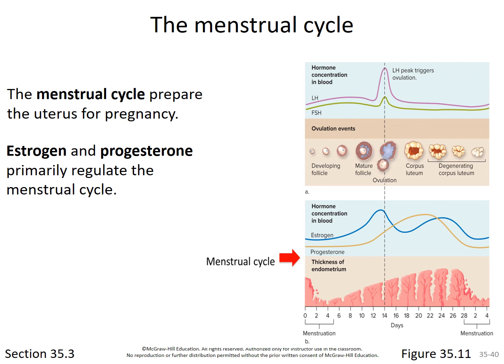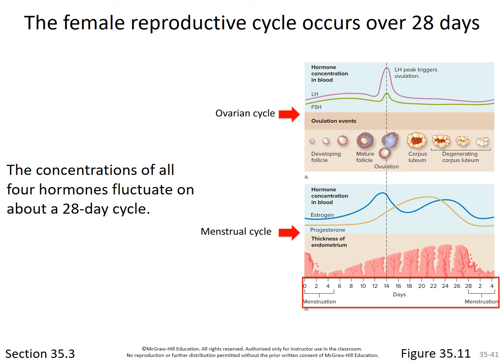Now at the end of the cycle, if you haven't had fertilization and implantation, that uterine lining is going to break down and it's going to be sloughed out of the body. And that's what menstruation is. So the concentration of these four hormones fluctuate on about a 28-day cycle.